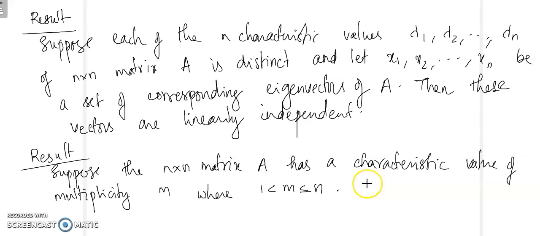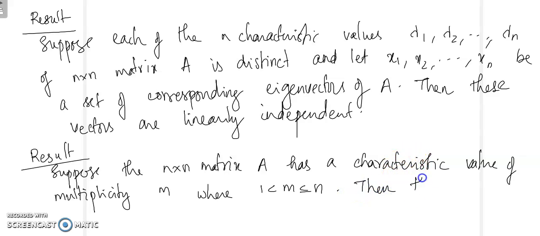So that means you have an eigenvalue or a characteristic value which is repeating m times. So m lies between 1 and n. If m equal to 1, that means it is occurring only once. So m must be greater than 1 and it can be equal to n. So all the characteristic values can be the same.